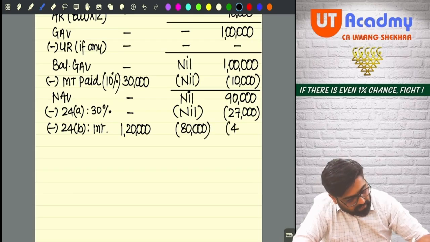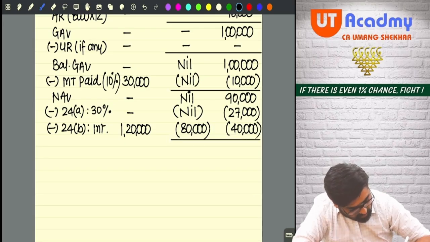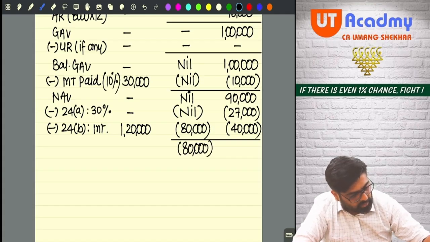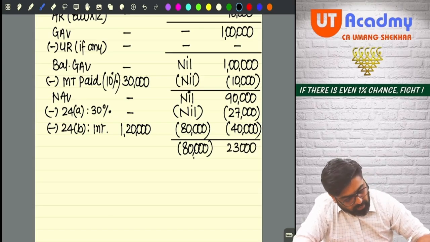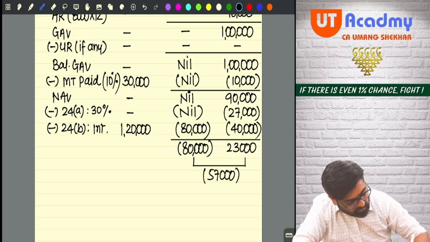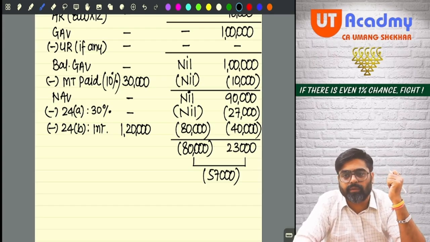And the remaining 40,000, 1/3 amount, from here. So I will be having a loss of 80,000 from SOP, and 90,000 minus 27,000 minus 40,000 will give me 23,000 positive income for LOP portion. So negative and positive, both the incomes will be added. Yes or no? That will give me negative 57,000. Still there is a loss. Entire 80,000 loss could not be adjusted because the income was only 23,000.